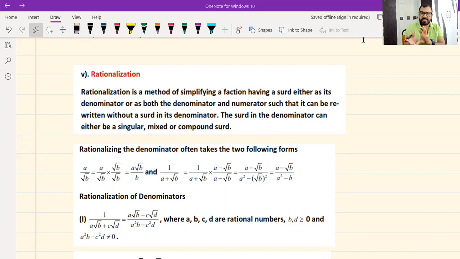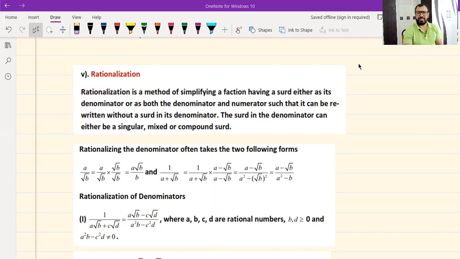To reduce the denominator surd into a rational number is known as rationalization. It is a method of simplifying a fraction having a surd in its denominator such that it can be rewritten without a surd in its denominator.